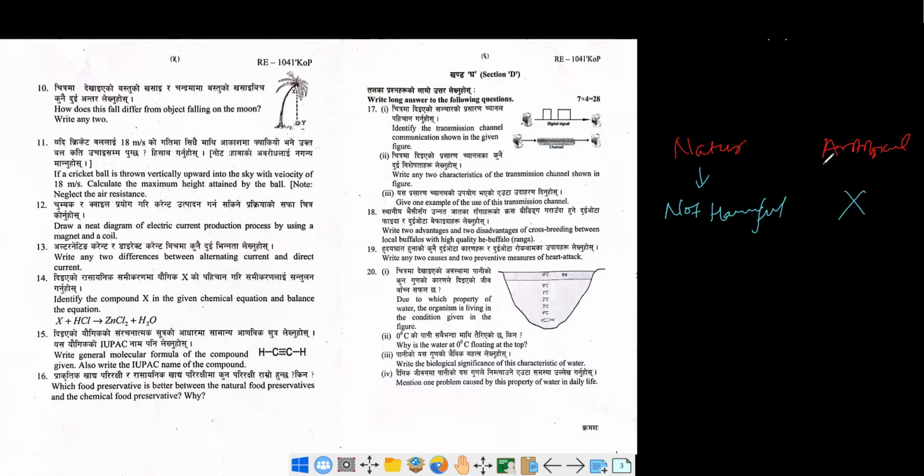Most of the artificial preservatives are harmful. कुन चाहिँ राम्रो मानिन्छ, डेफिनेटली नेचुरल राम्रो मानिन्छ किनभने it does not have any kinds of harmful effect. अर्को easily available हुन्छ, यो हाम्रो घरमा पाइने नुन, अमिलो, चुन, सुकाउने. यो generally costly हुन्छ.